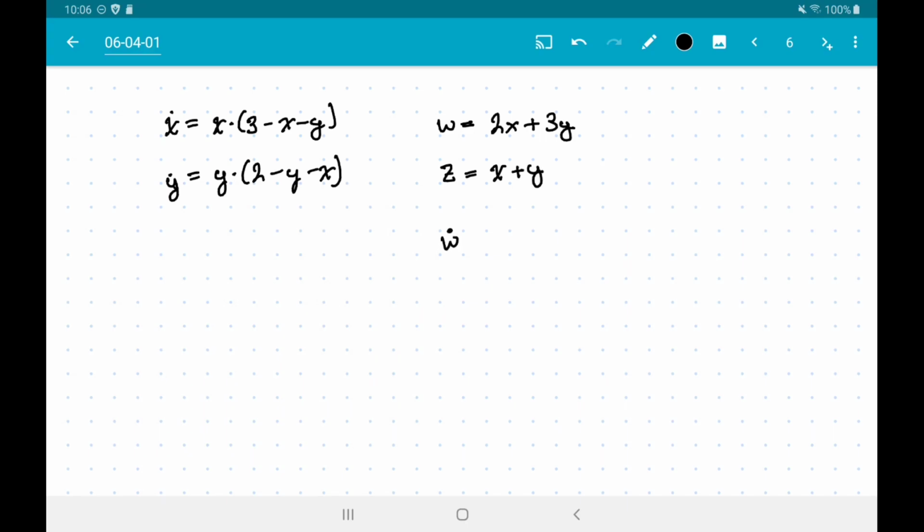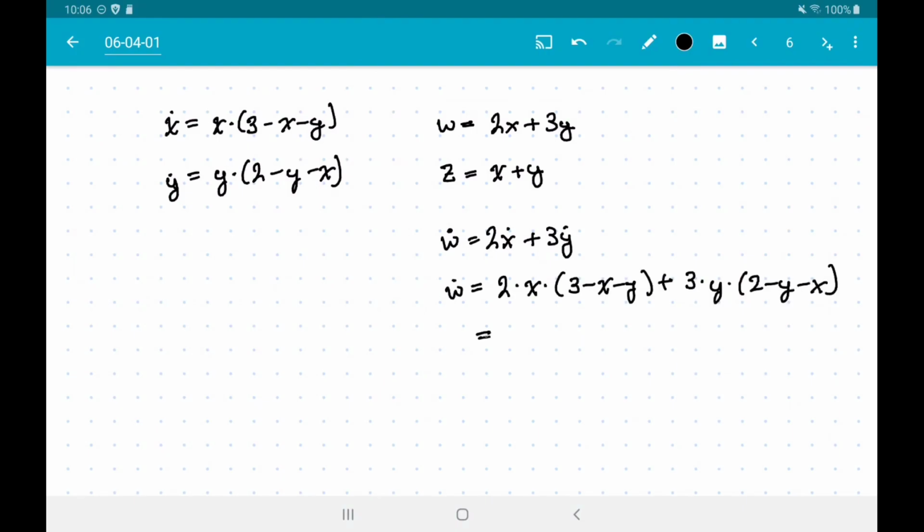Okay, w dot is 2x dot plus 3y dot. So that's 2 times x times (3 minus x minus y) plus 3 times y times (2 minus y minus x). And when you go through all of this, you get 6x minus 2x squared minus 2xy plus 6y minus 3y squared minus 3xy.